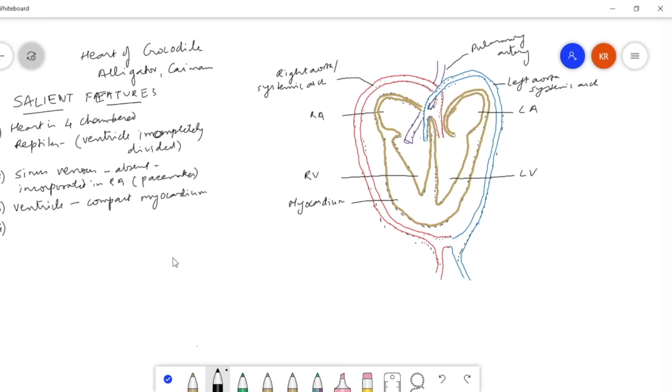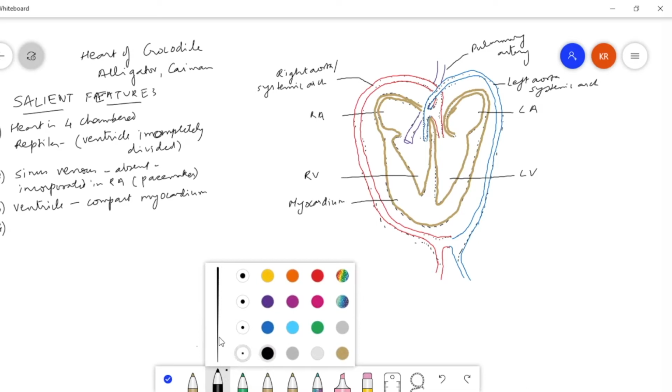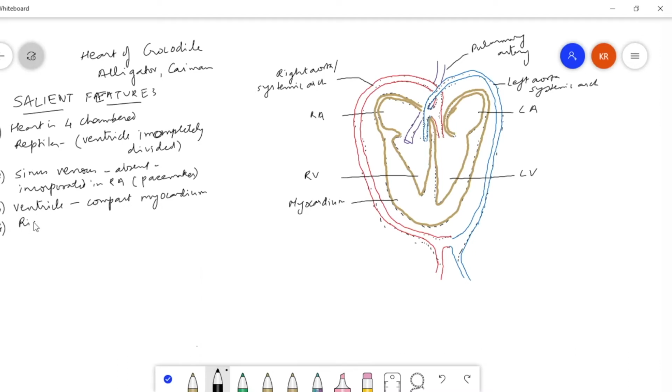It is going towards the lungs. So here we have said that the ventricle has got a compact myocardium. The ventricle is completely divided into two parts. There will be right and left ventricles.